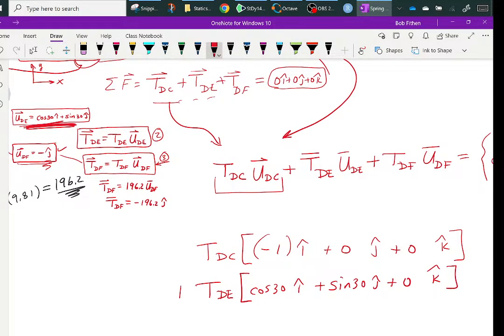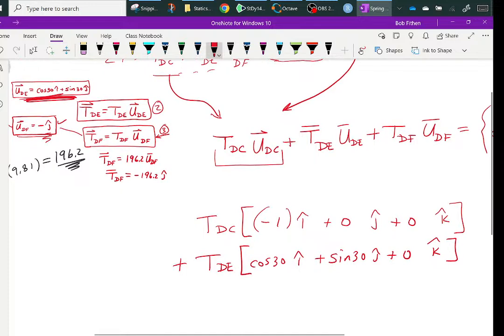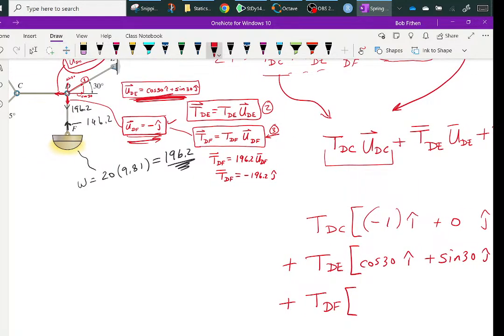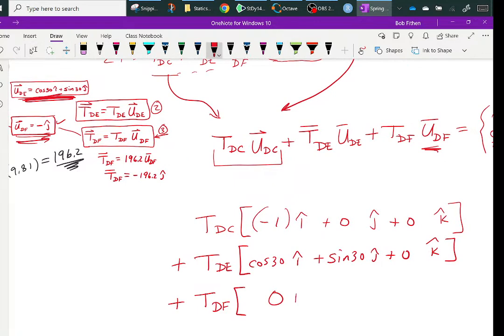Then I'm supposed to add these together, so I put a plus sign in front of that one. And then plus TDF times whatever that base vector is, which is just a minus j: 0i minus j plus 0k.